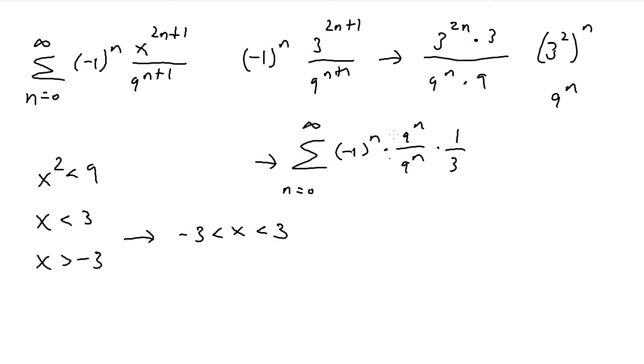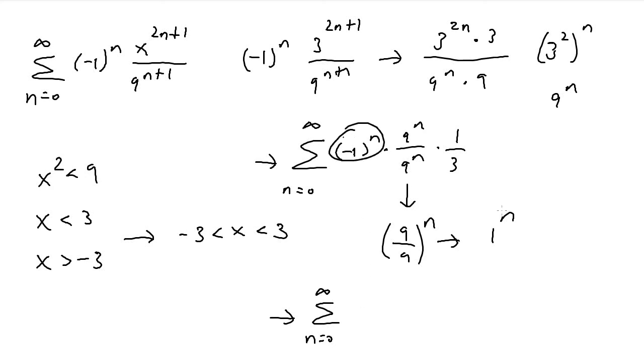And so now I can rewrite 9 to the n over 9 to the n as also 9 over 9, the entire thing to the n power, or in other words, 1 to the n. And so we'll get the series as n equals 0 to infinity of negative 1 to the n times 1 to the n. If I combine those two, we'll just get negative 1 to the n times 1/3.